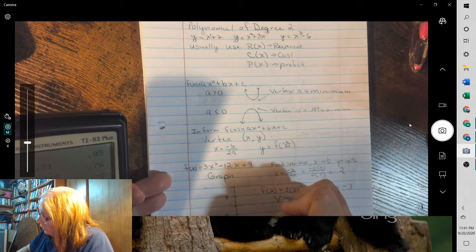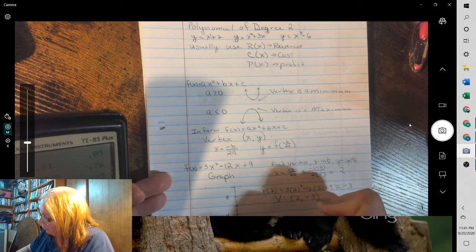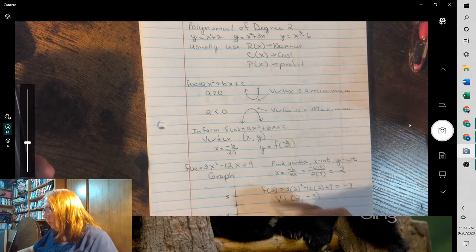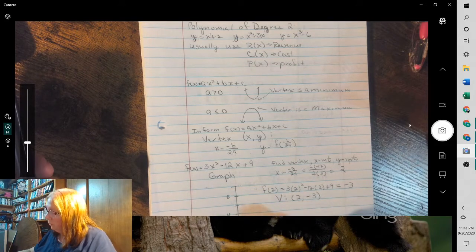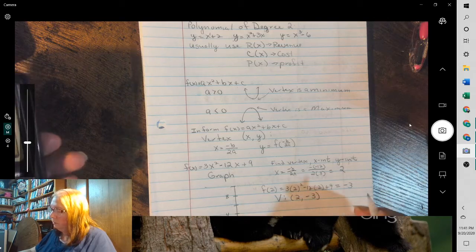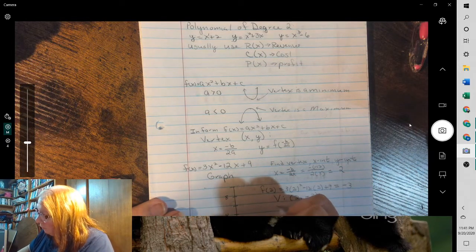So our vertex is 2, negative 3, over 2 and down 3. And then we know it's going up. Since it's going up, we will have 2 x-intercepts. To find them, we need to factor it.